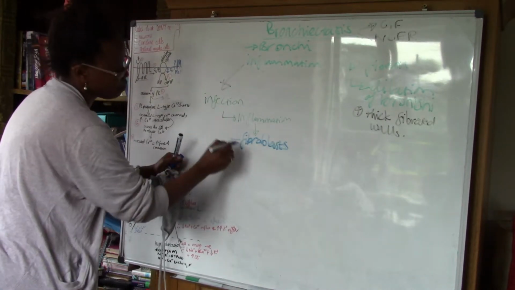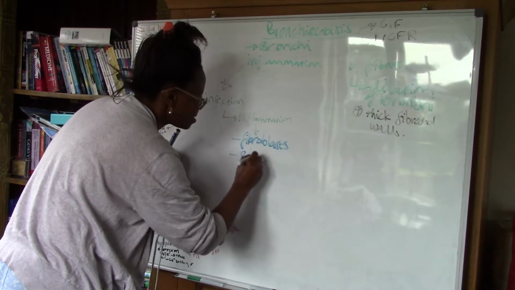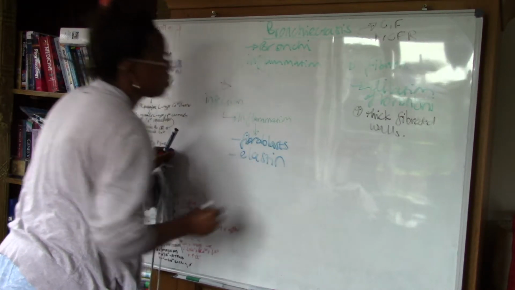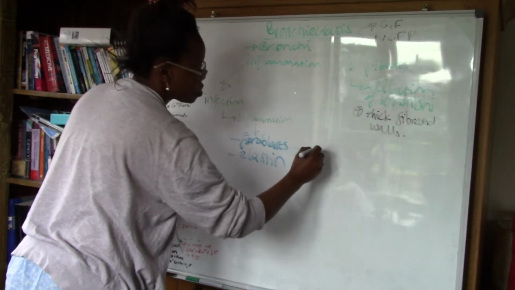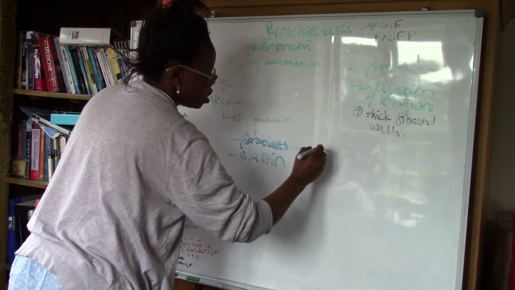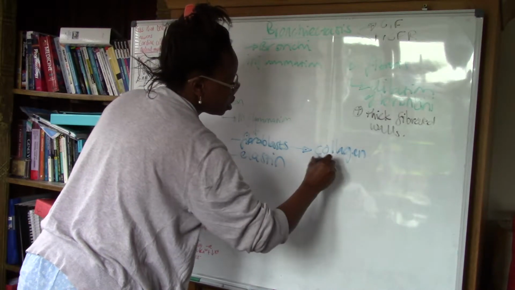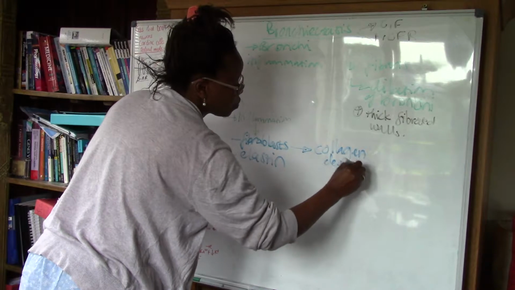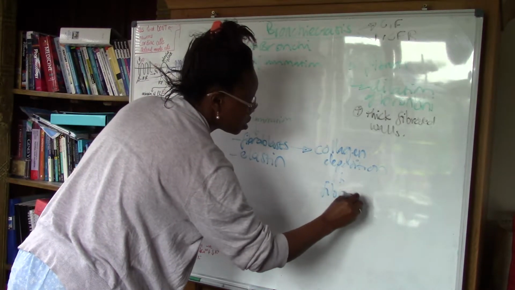And a lot of denaturing of the elastin in the bronchi, and fibroblasts will then lead to collagen deposition, and indeed fibrosis.